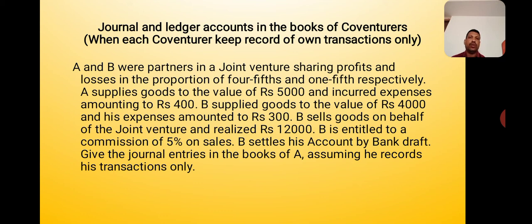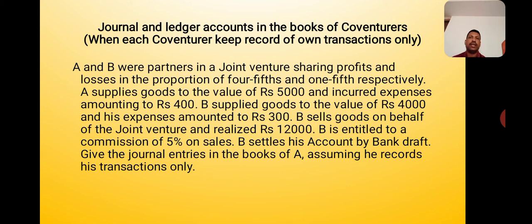Also co-venturer B is entitled to a commission of 5% on sales made by him. Here total sales is 12,000, and 5% of sales amounts to rupees 600 commission. Then B settles his account by bank draft. That means the settlement has been made between B and A by a bank draft.